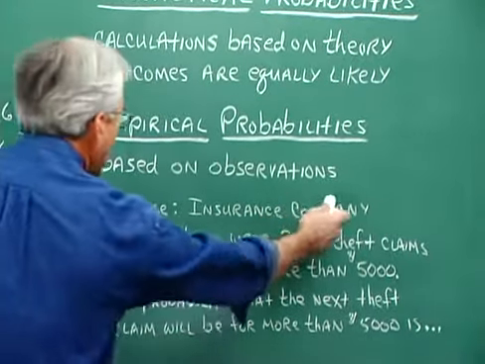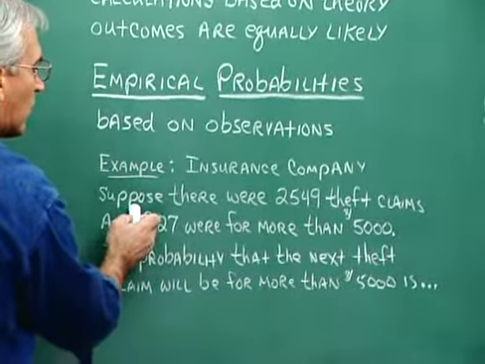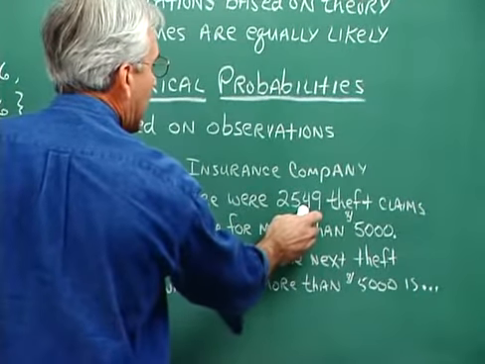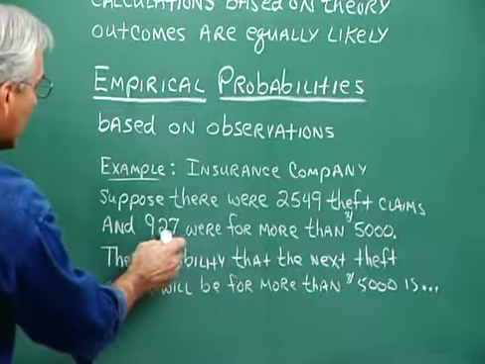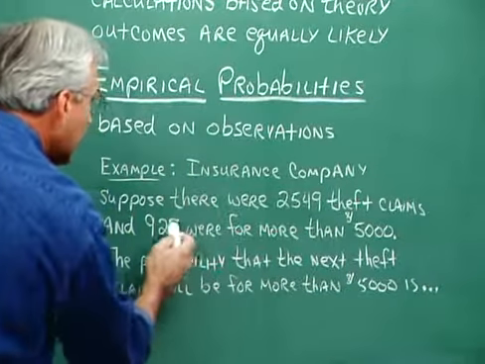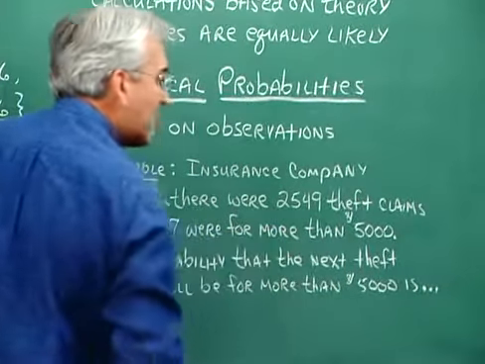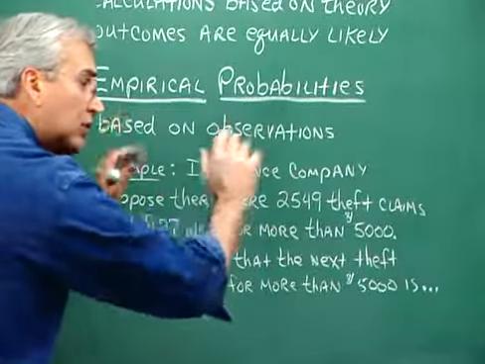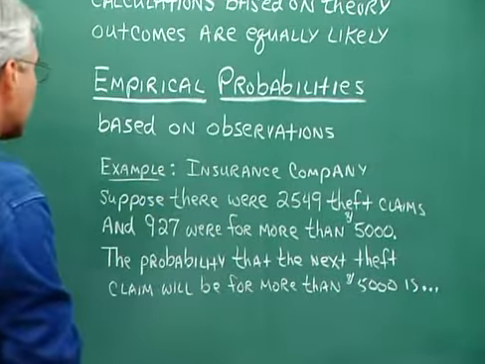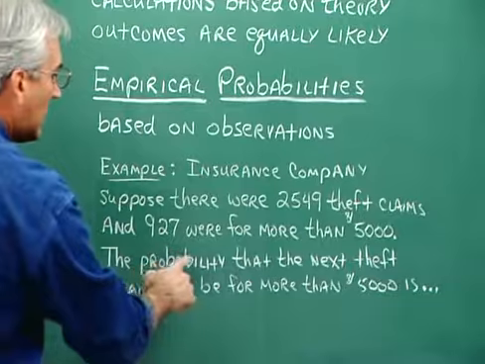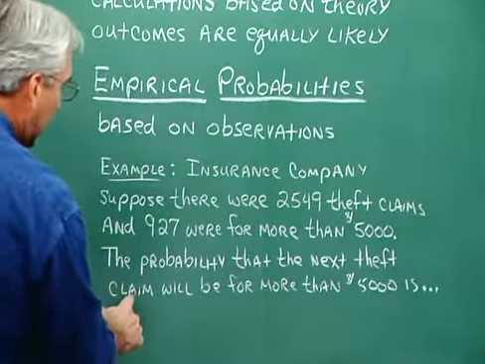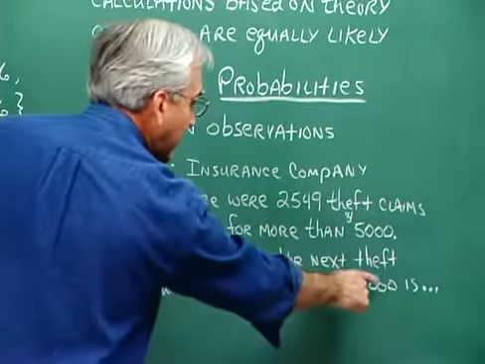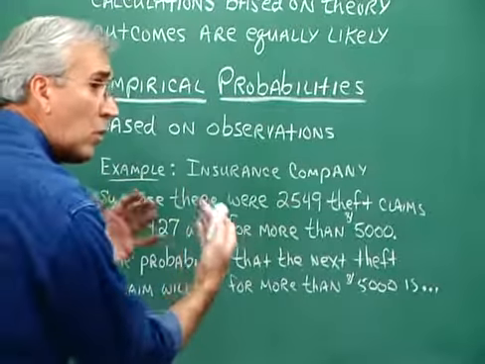Another example, an insurance company, and suppose that there were 2,549 theft claims and 927 of them were for more than $5,000. All right, so that establishes our past experience. The probability that the next theft claim will be for more than $5,000 is what?